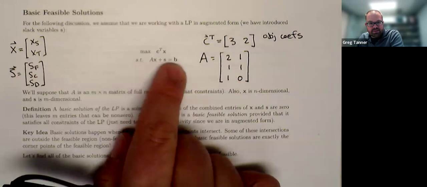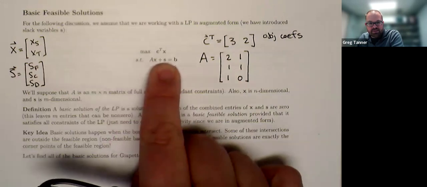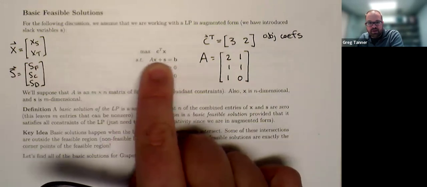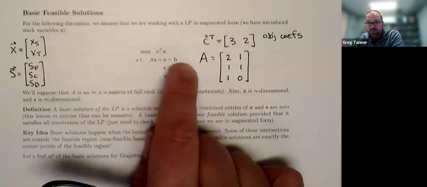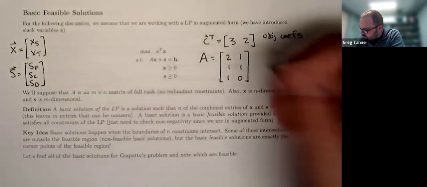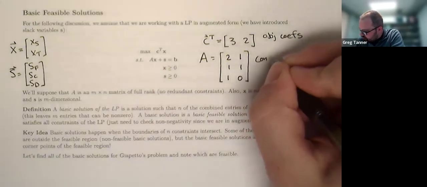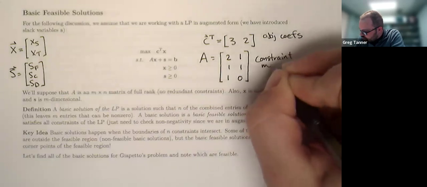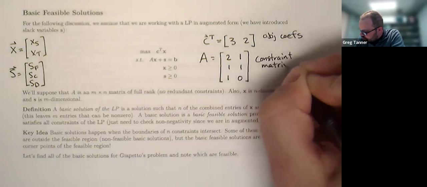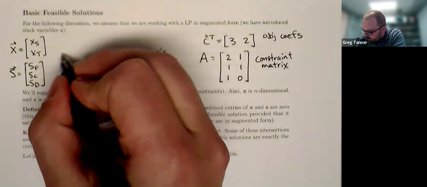And so looking at this line here essentially summarizes the constraints in augmented format. So we do A times the X vector plus the slack variables equals the right-hand side. And so maybe I'll call this the constraint matrix. I'm running out of room, so I'm going to come back over here.